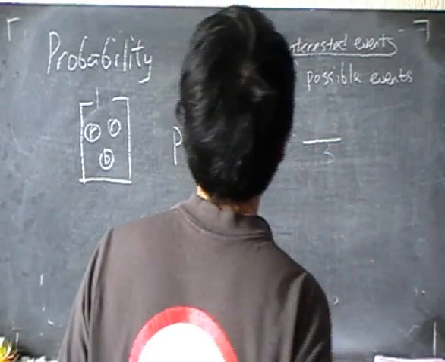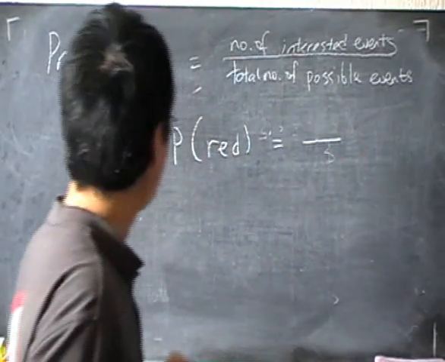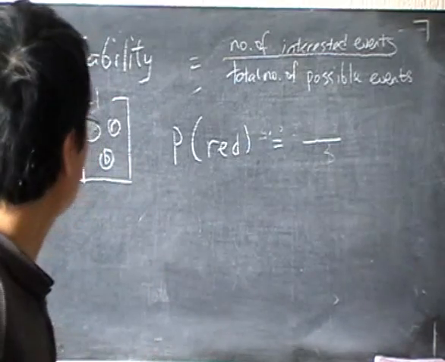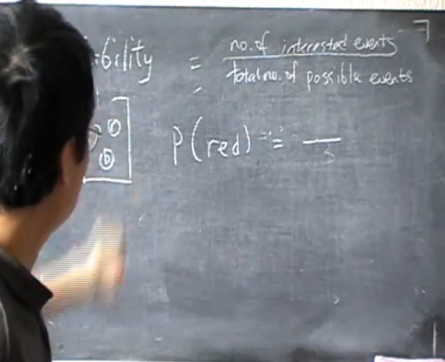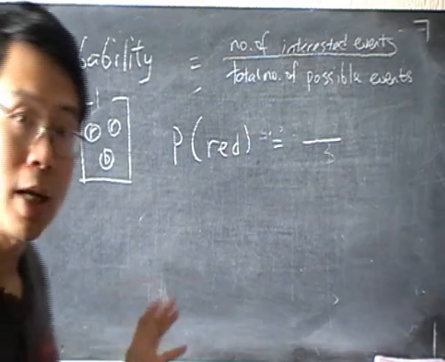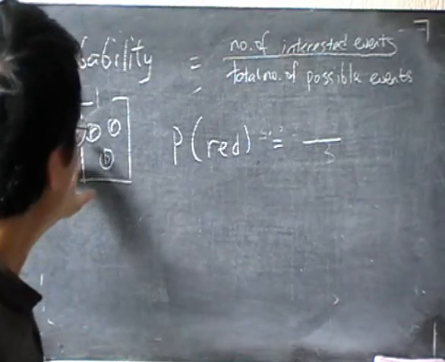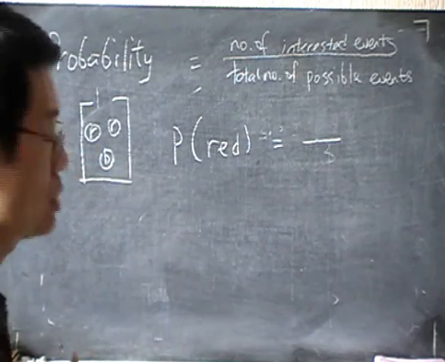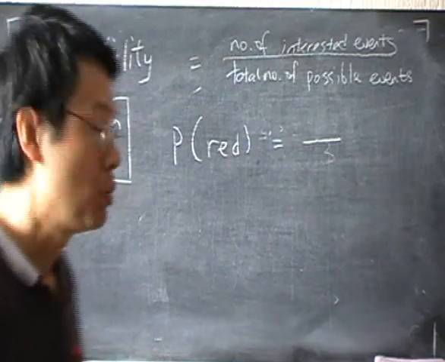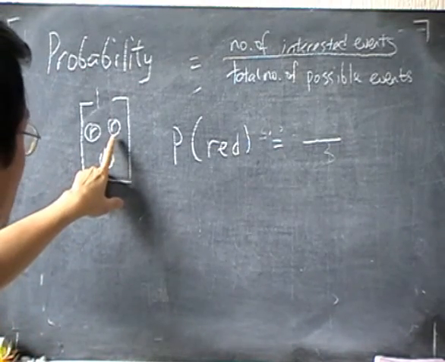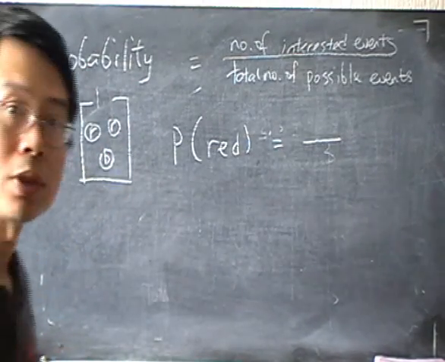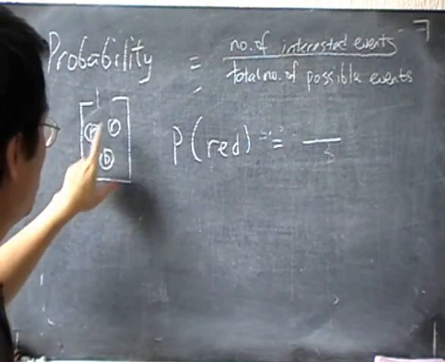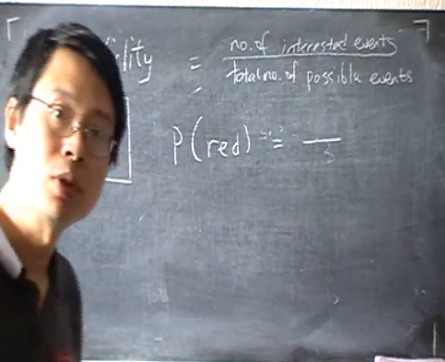Okay. And the total number of possible events when I pick from here is 3, because I can get any of the balls, because there are 3 balls. Now we have to be careful here. You mustn't think that the number of possible events is 2, because it can just be red or blue. Meaning that you should not count the number of red balls as just 1 event, because there are 2 red balls and 1 blue ball.